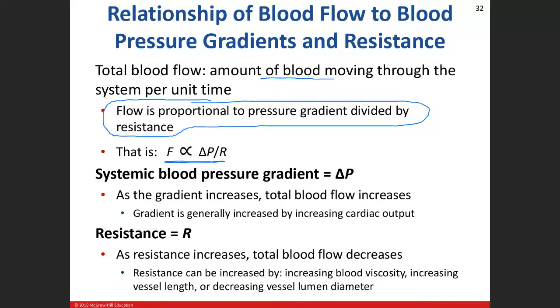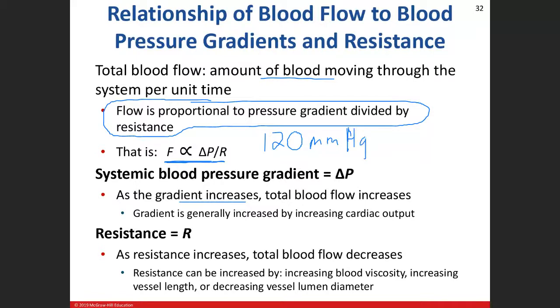As the gradient increases, and I'll use that other example, 120, the heart starts to pump out 120 millimeters of mercury. What's mercury? Hg. I was going to say Mg. That's magnesium.